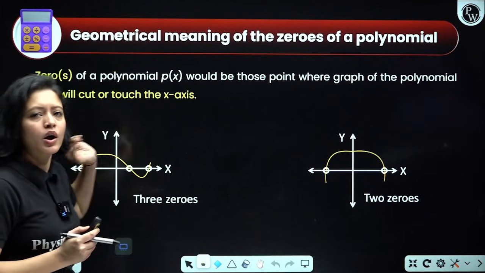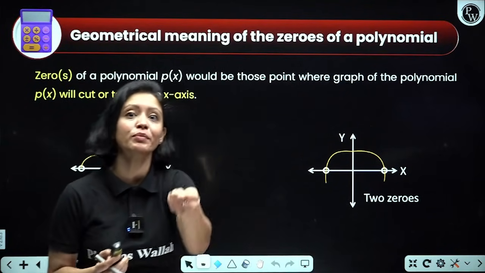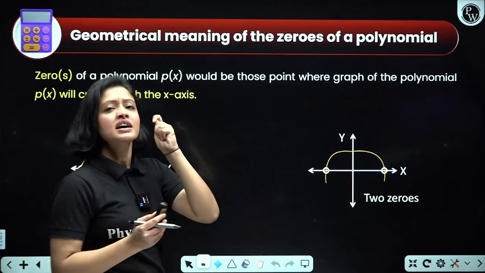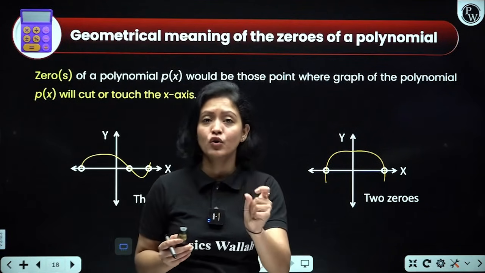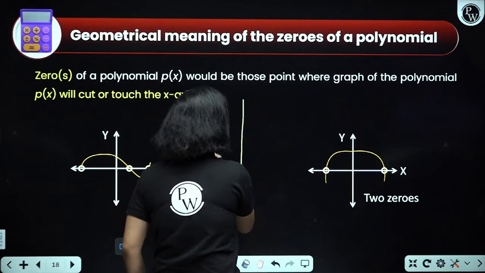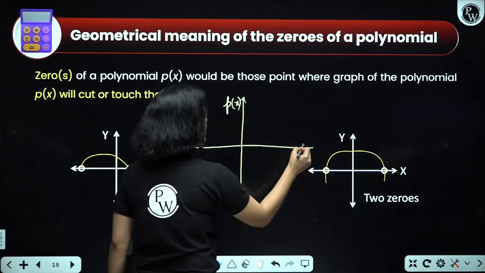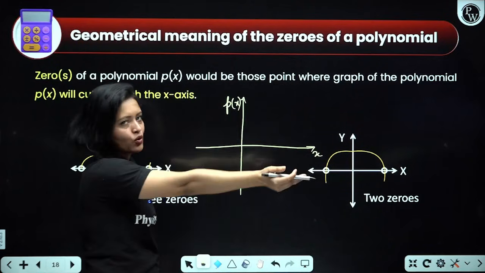See everyone, when we are talking about zeros, what do we mean graphically? Think about it. Zeros of a polynomial are basically the values of x for which p(x) becomes 0, right? So when you think about it graphically, I have already told you p(x) is denoted by the y coordinates and x, obviously, by the x coordinates.